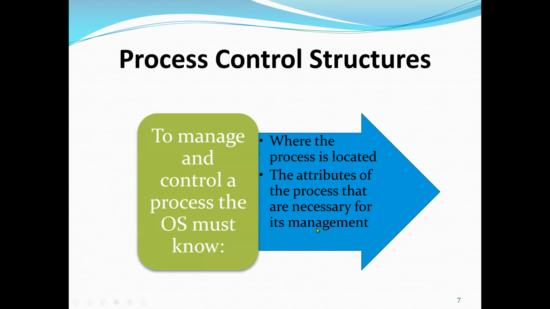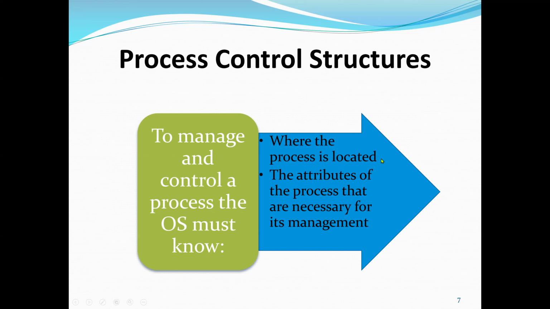So next is the process control structure. Now we should consider what the operating system must know if it is to manage and control a process. First, it must know where the process is located. And secondly, it must know the attributes of the process that are necessary for its management.